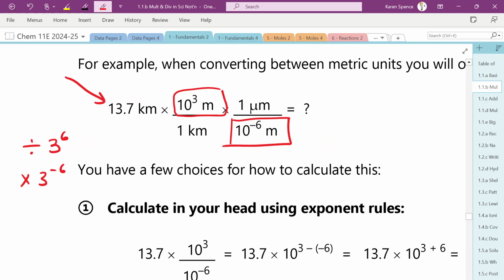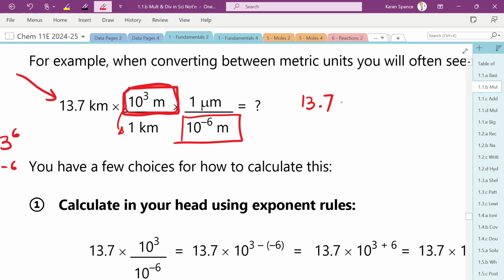So what I could do here is I could say, if I have something on the top, let's say I wanted to move it down to the bottom, okay? I don't know why I would want to do that, but let's say I did, okay? When I move the 10 to the 3 down to the bottom, that's going to become 10 to the negative 3, okay?